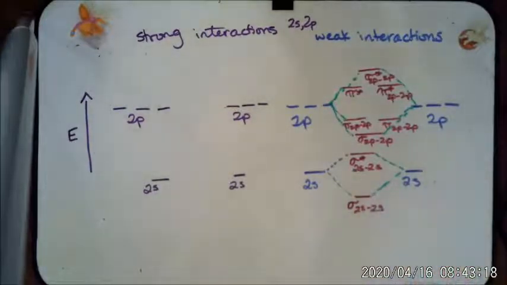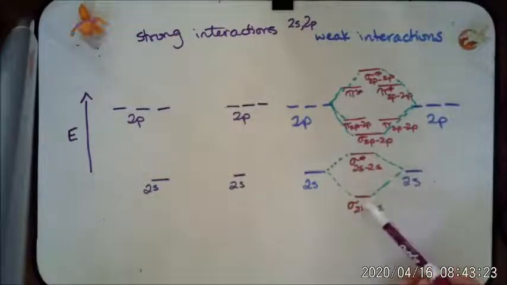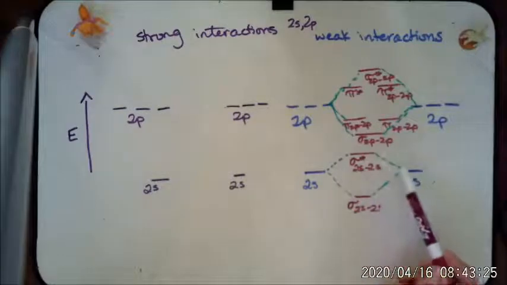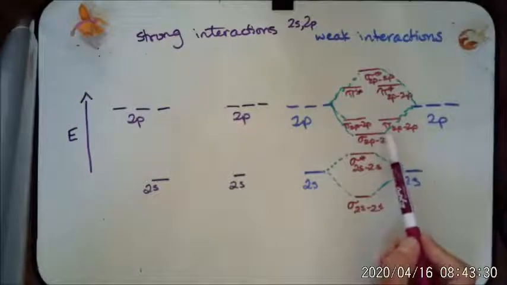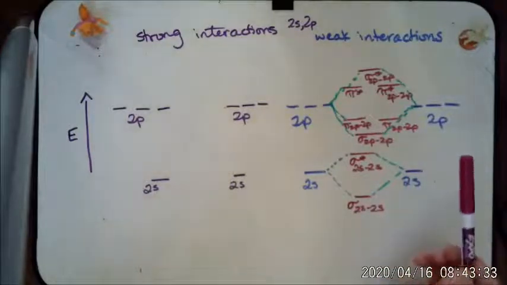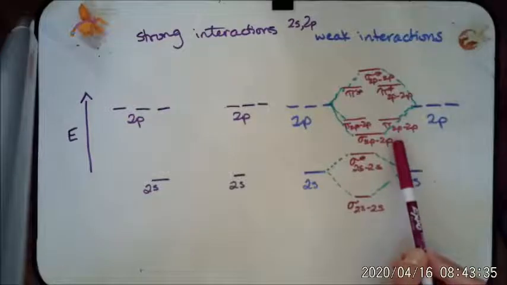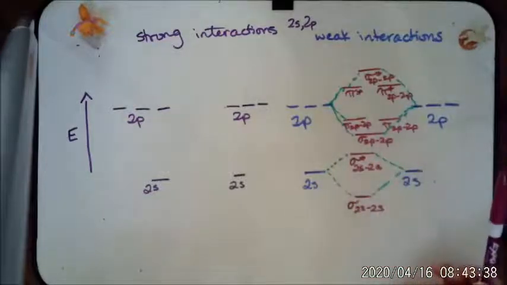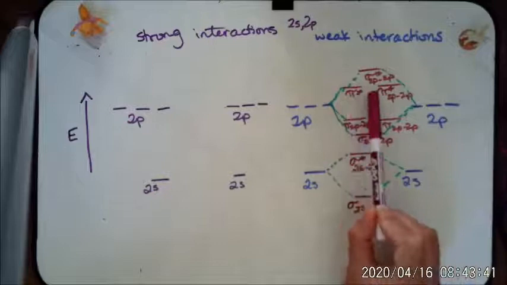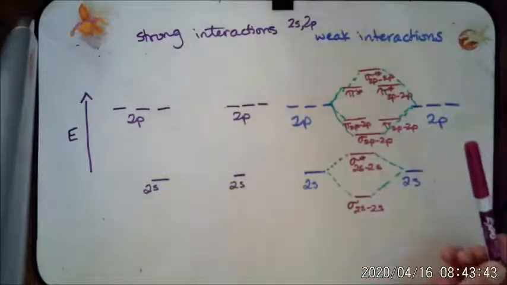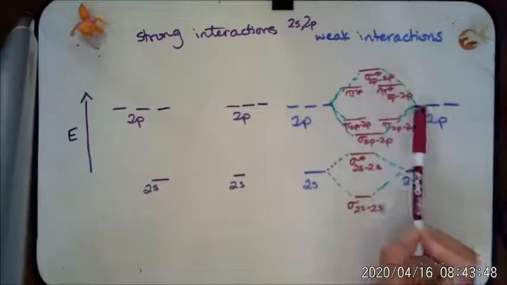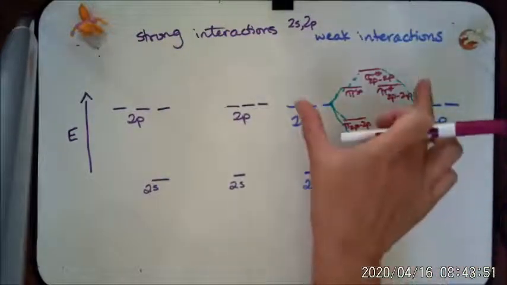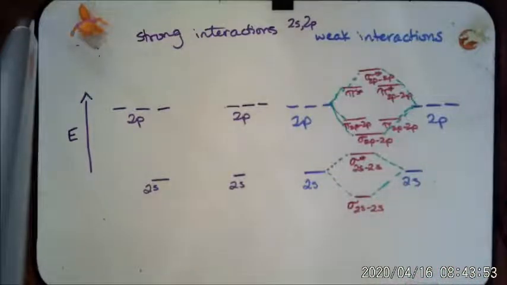So I have my sigma, this difference in energy between my s and my sigma should be equal to the difference in energy between my s and my sigma star. Remember, the very first bond that you make is always going to be a sigma bond. So you have a sigma 2p 2p, then your 2 pi 2p 2p's. Here I have my 2 pi star 2p 2p and my sigma star 2p 2p. And I try to fit it in, but you see it's getting a little messy. These should all be in alignment, so I apologize about my skew.